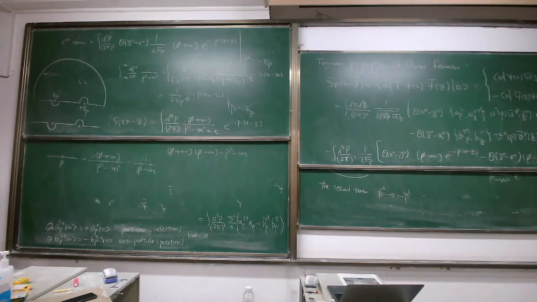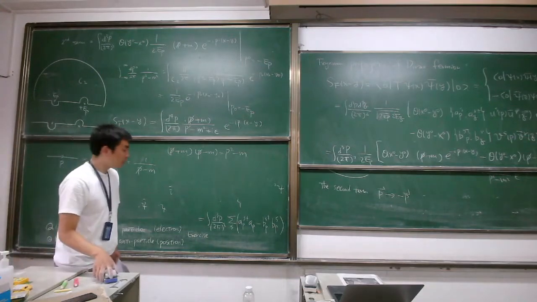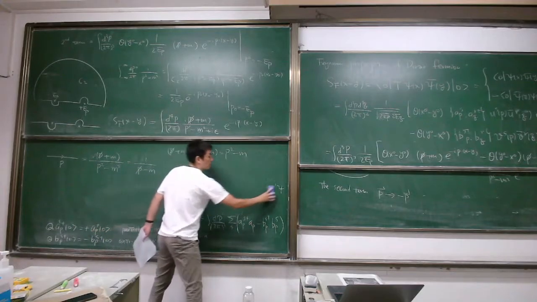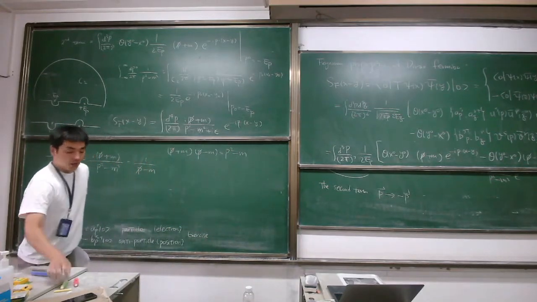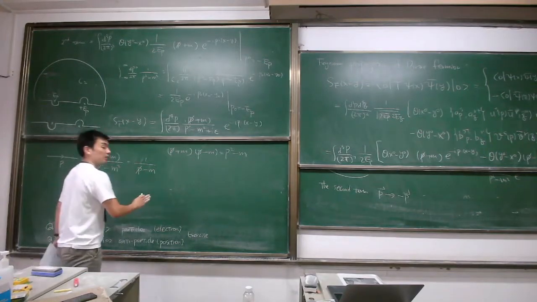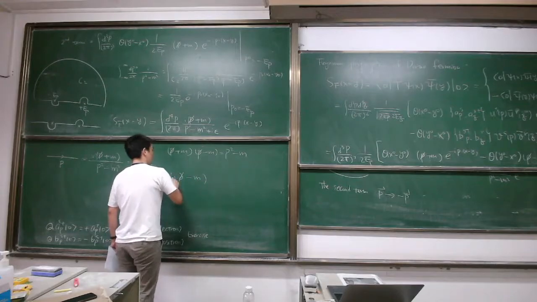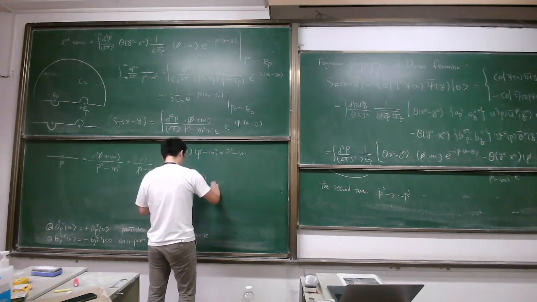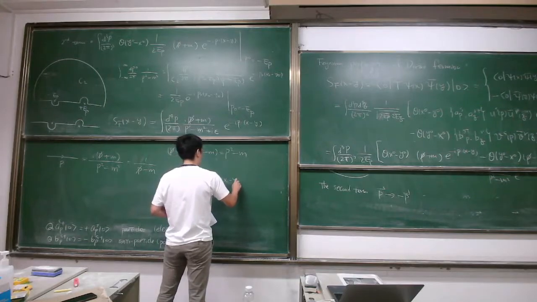And as you can easily see, this is a Green function of the Dirac equation. The Dirac equation is something like (i d-slash minus m), acting on S_F(x minus y).